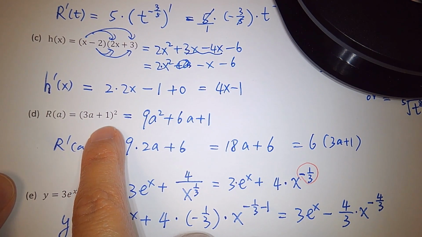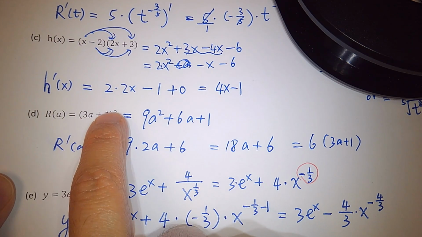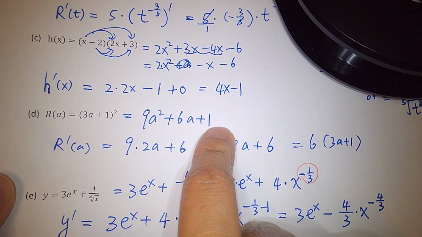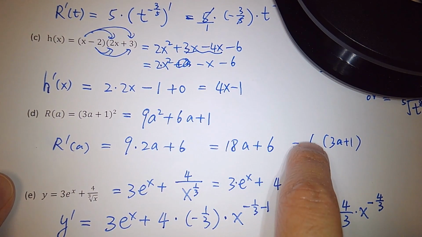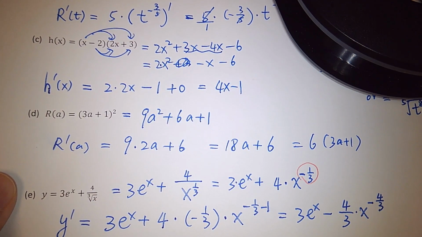Once we learn section 3.5 about using chain rule, you will see we don't have to follow this. We just need to do 2 times 3a plus 1, and then we differentiate 3a plus 1 to give us another 3. So 2 times 3 gives us a 6. So yes, we can use a different method, but not now.